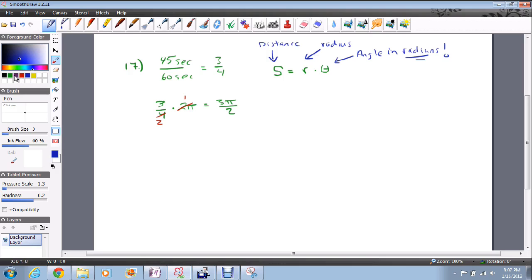Okay, so anyways, moving on, I'm going to simply plug in my values. S equals 5 times our angle traveled, 3 pi over 2. And we get 15 pi over 2. We want to include our units, so 15 pi over 2 inches.